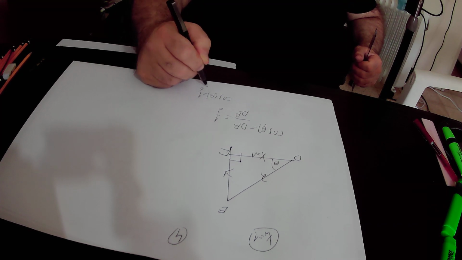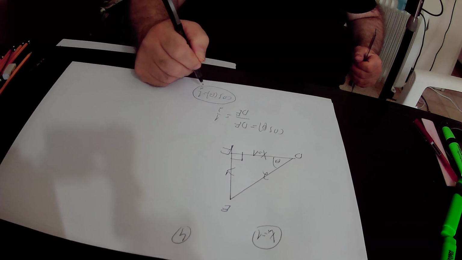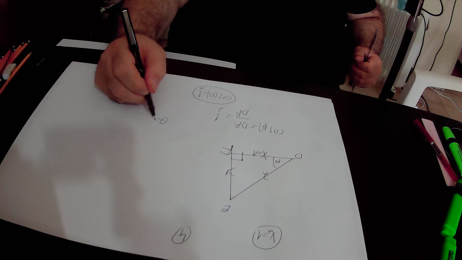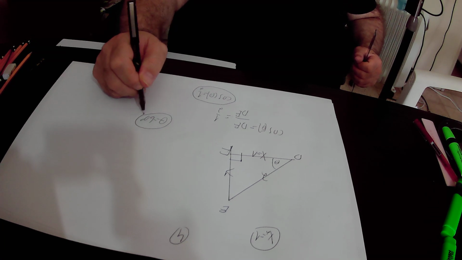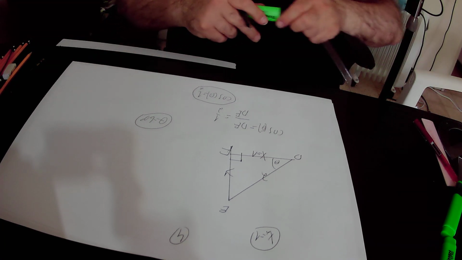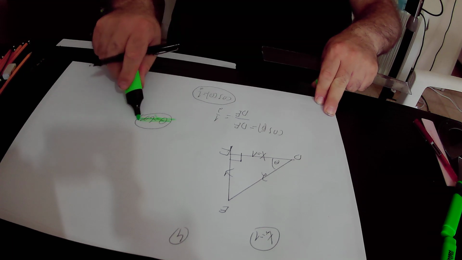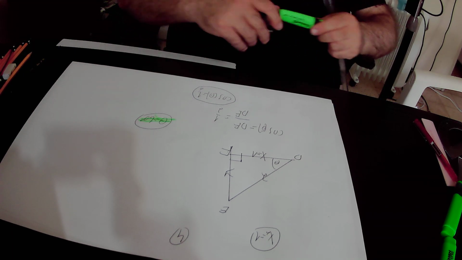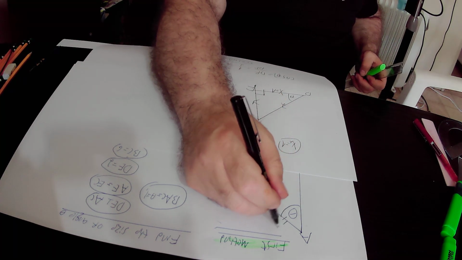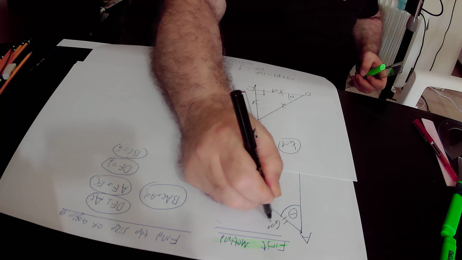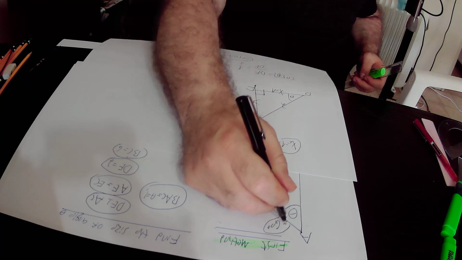And when cosine theta equals 1 over 2, it means that theta itself is equal to 60 degrees. So the answer to the question is that the size of angle theta is 60 degrees. Here we can write down that theta equals 60 degrees. So this was the first method.